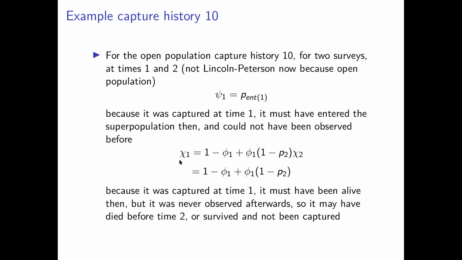And then chi sub 1 is the probability of not seeing the animal after time 1, given that it is alive in the population at time 1.